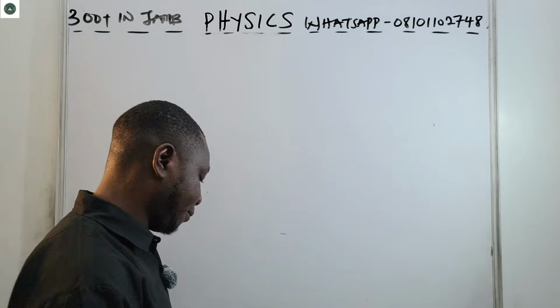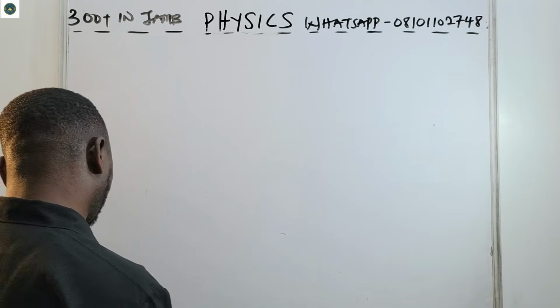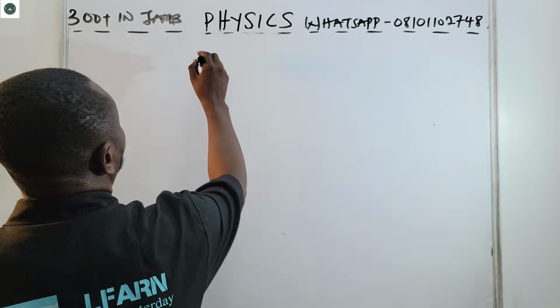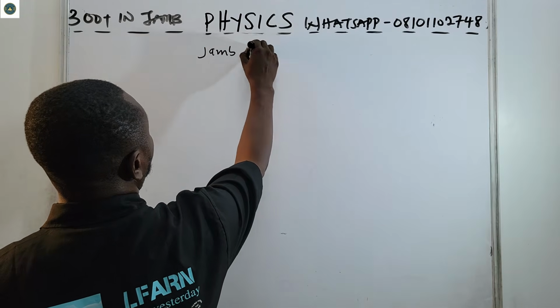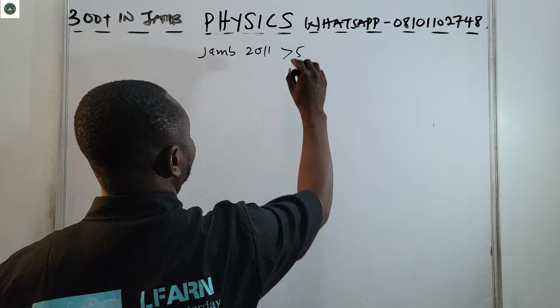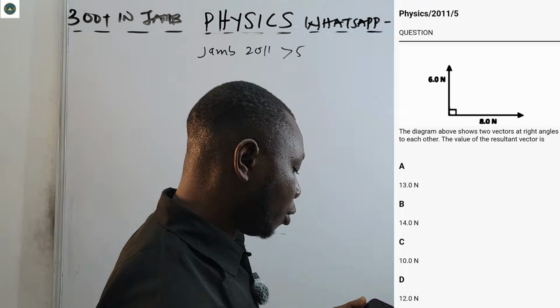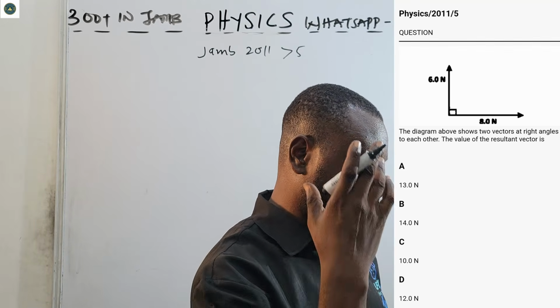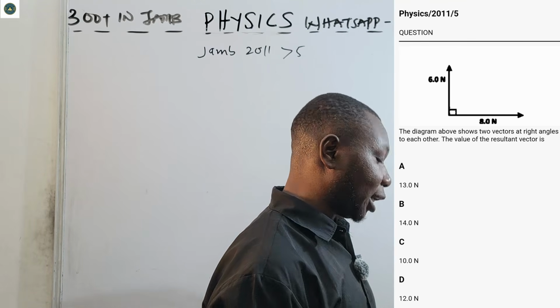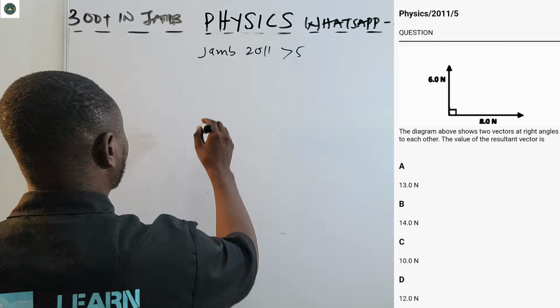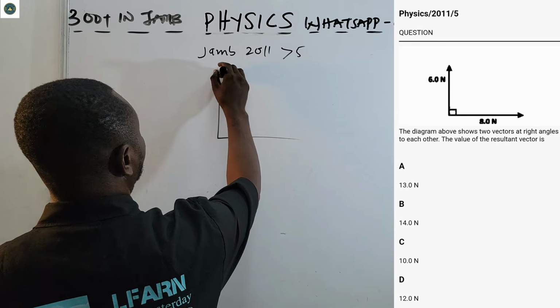It said the diagram above shows 2 vectors. JAMB 2011, question 5. The diagram above shows 2 vectors at right angles to each other. The value of the resultant vector is dash. So this is the diagram. You have 2 vectors.